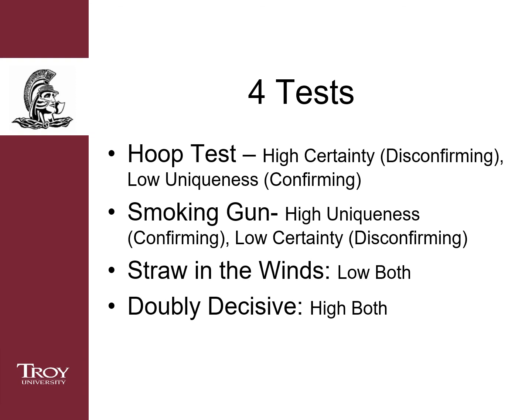Yeah, if you didn't see this, it would kind of disconfirm the theory, but the fact that we see it doesn't sell us on it, right? Or is it a smoking gun? Or is it just a straw in the wind? Or doubly decisive, yeah, don't even worry about it. You aren't going to find too many of those in the real world.